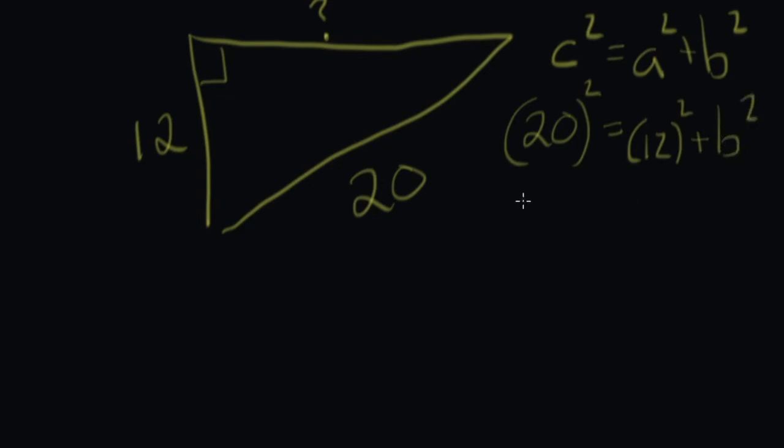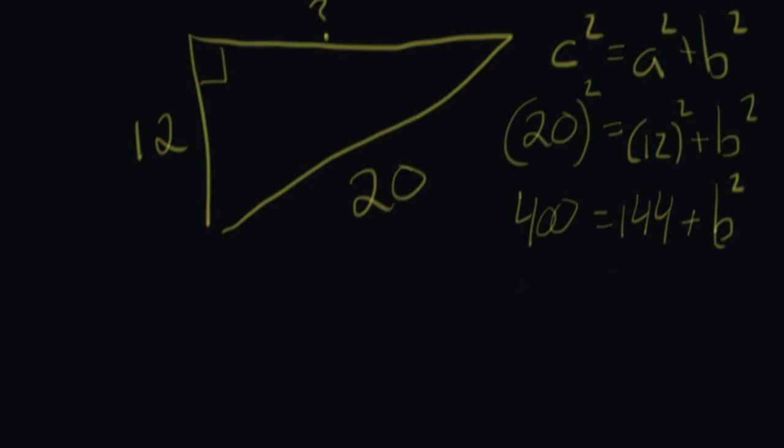So let's just go and do some of our math. 20 squared is 400. And 144 is equal to B squared. Oh, sorry. It's going to be plus B squared. Let's get that eraser there. There we go. And you can probably already start to guess that we're going to have to use some of our knowledge dealing with roots.